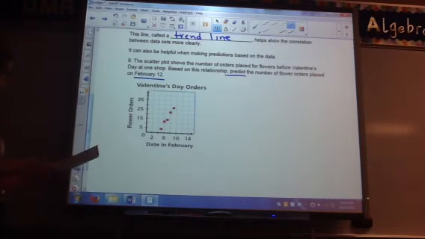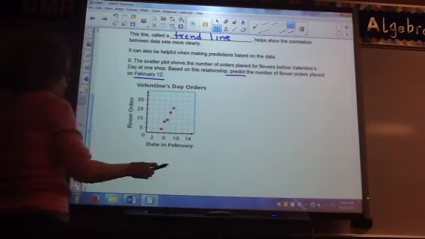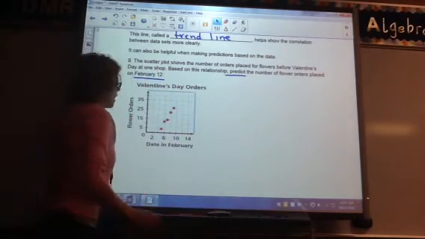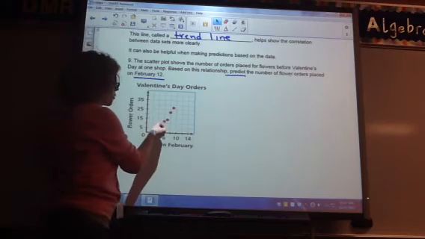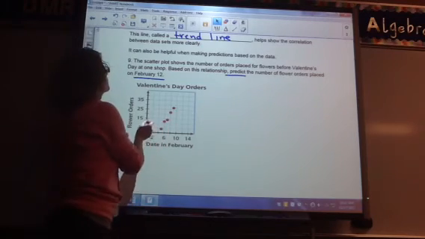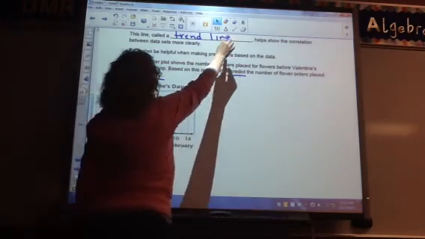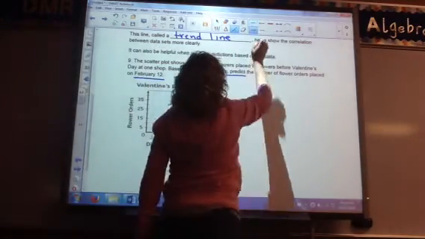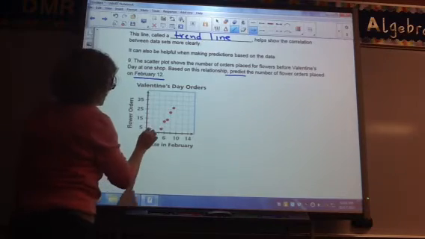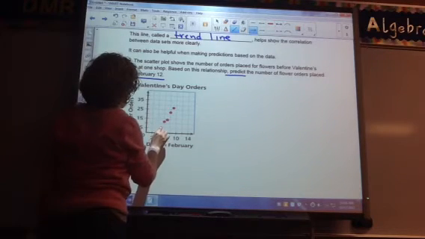Okay, so what you need to do here is you need to draw a trend line. A trend line, you want to try to have most of your points clustered on or close to that trend line. Okay, so it looks like I'm going to go right.